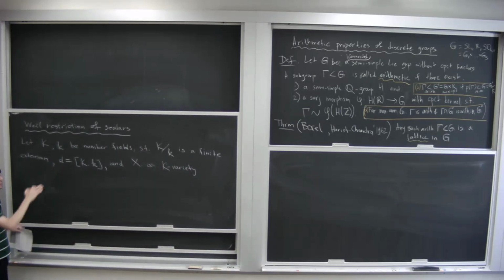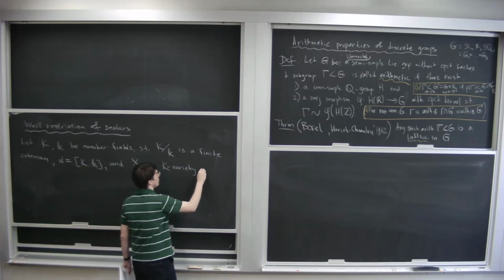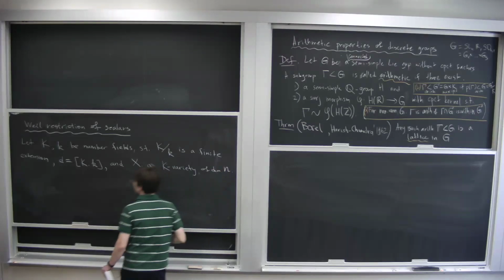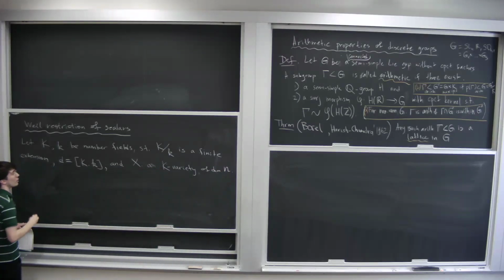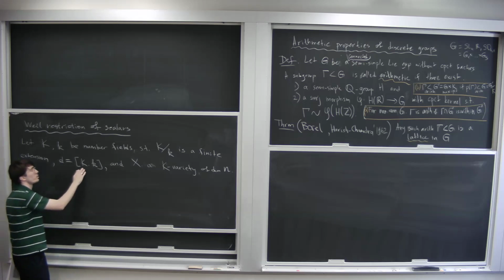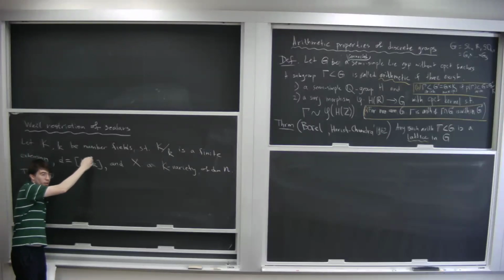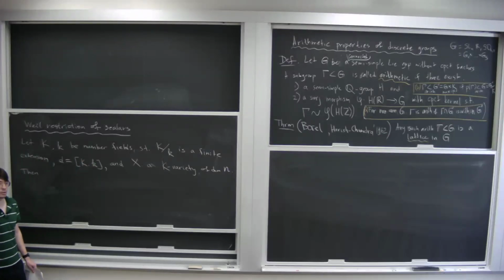Then we can see this X, a K variety of dimension, say n. So how does it work? It works as follows. We view capital K as written in some basis over smaller k.